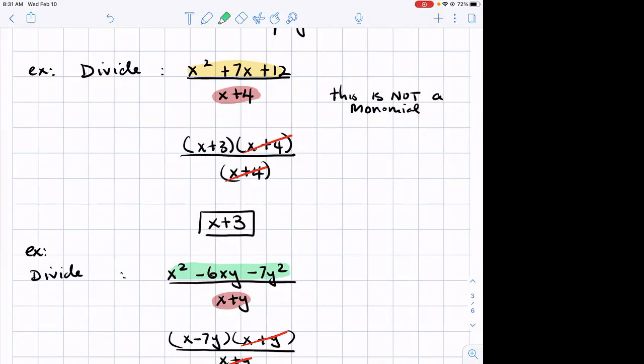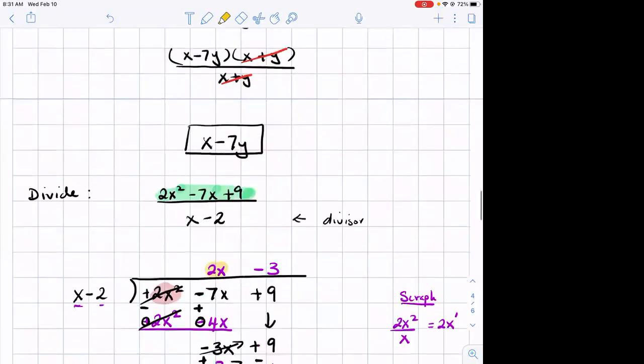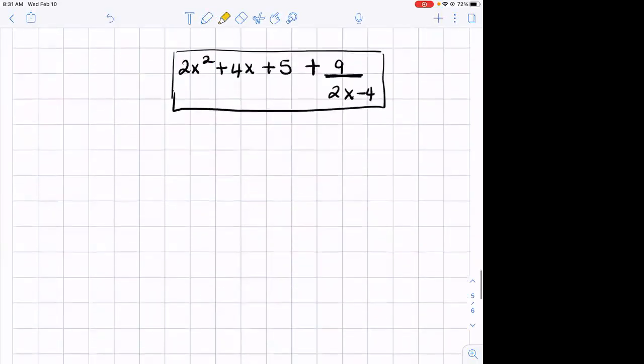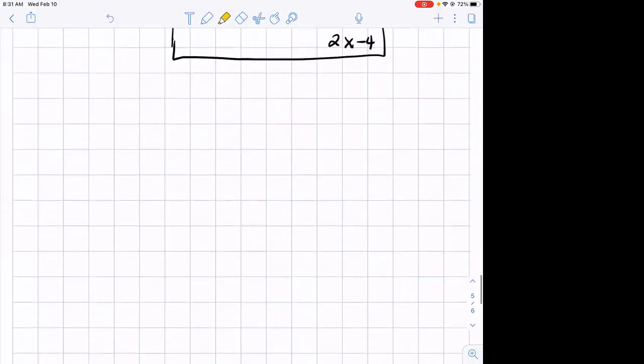In that example, I factored the numerator and I got (x plus 3)(x plus 4). Sometimes we don't see that. So let's go back to that example and do it with long division now and see what will happen. My next example: divide x squared plus 7x plus 12 by x plus 4.